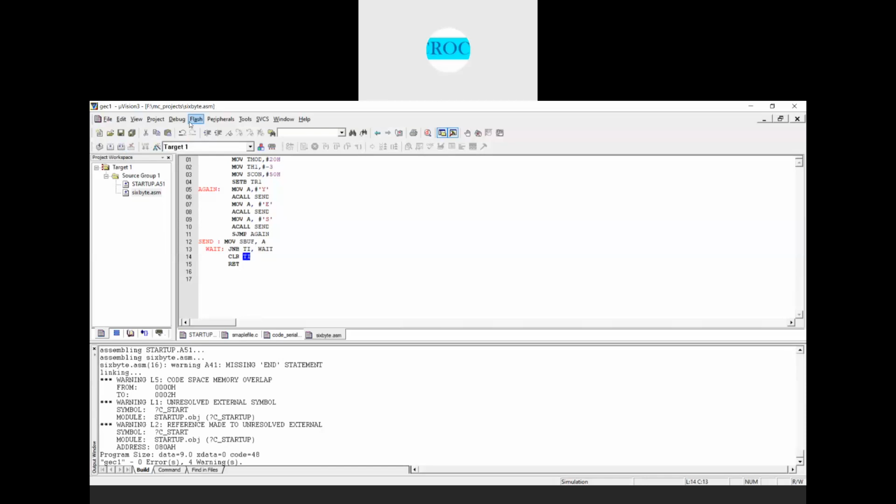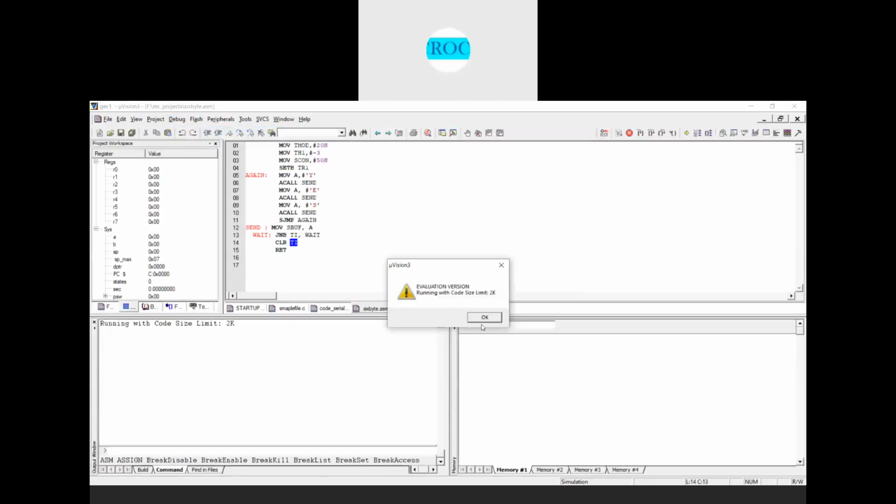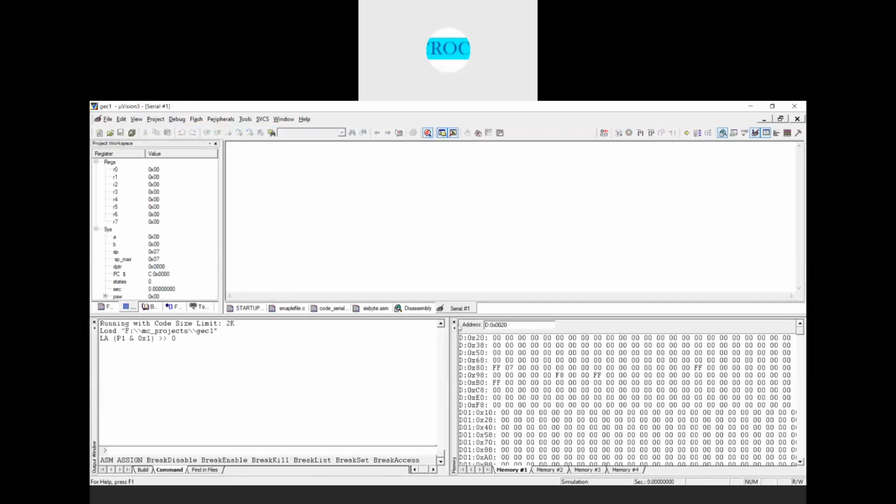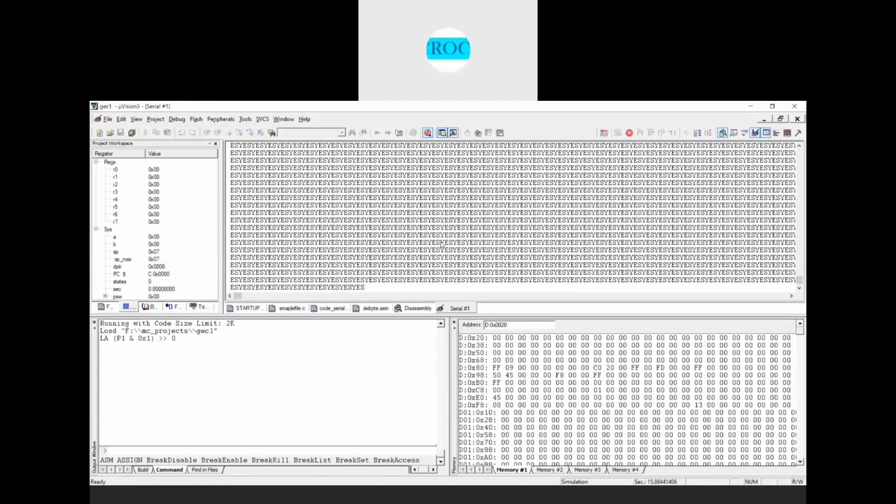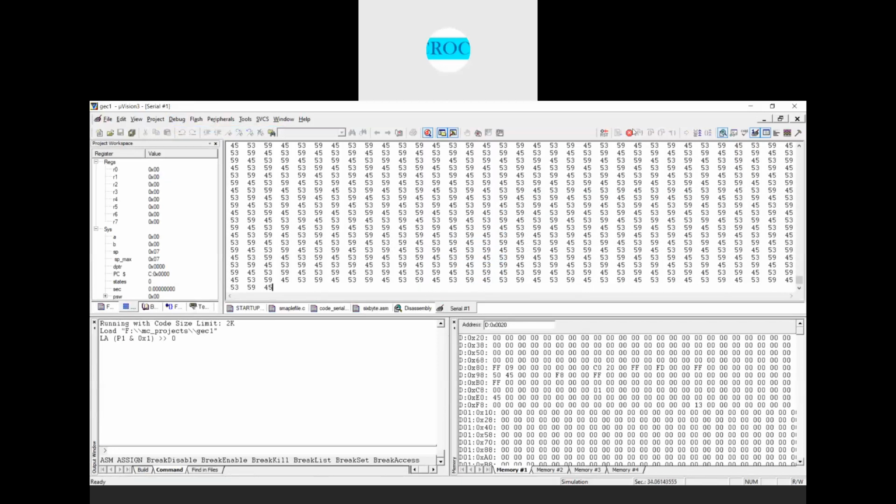Save this one, build this file and go to the execution, the debug mode here. Now execute this one. What we get? We get YES here. And what is the hexadecimal code we have? You can see from this: Y is 59, E is 45, S is 53 here.